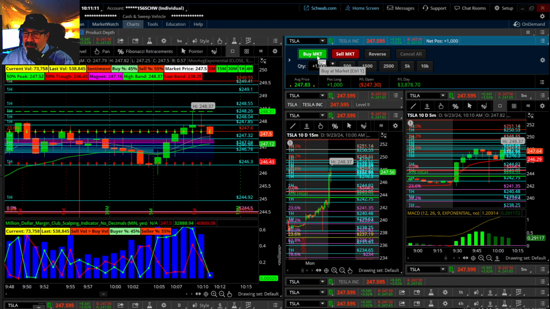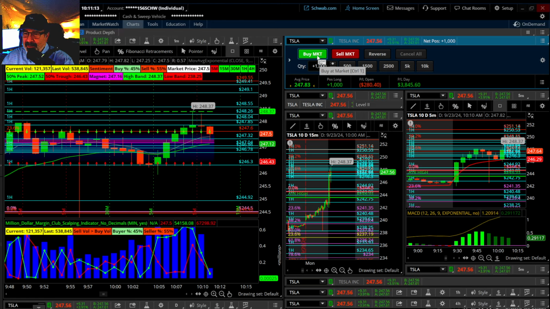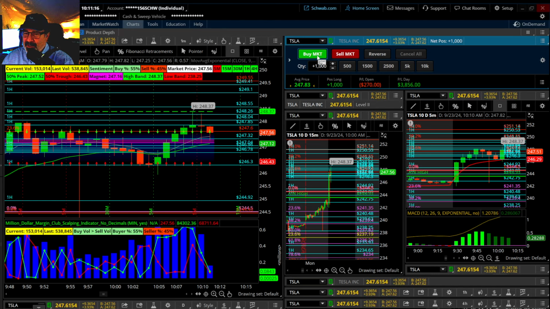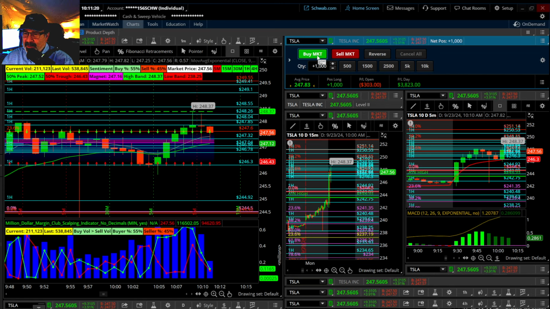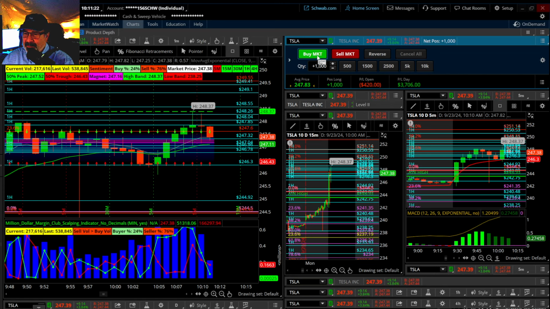Yeah, it's throwing me off because I was looking at the price action, comparing it to the levels, and it's messing with my head a little bit here.